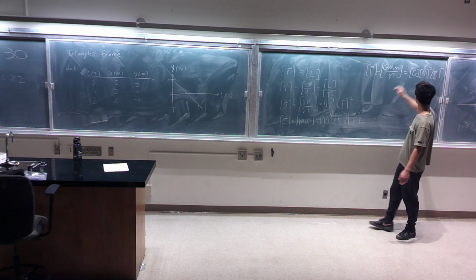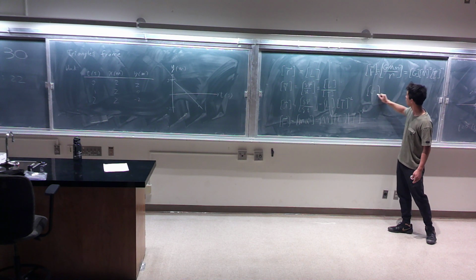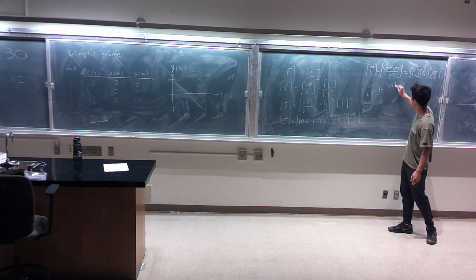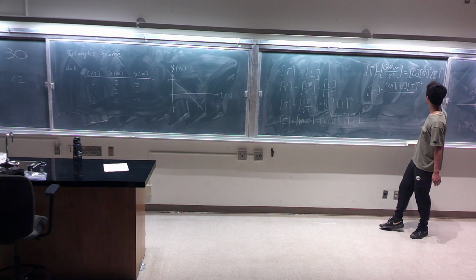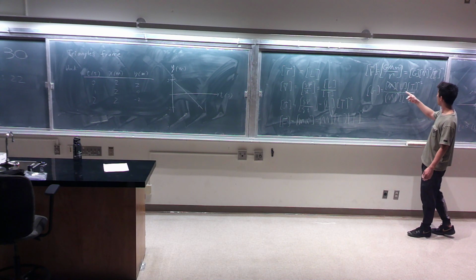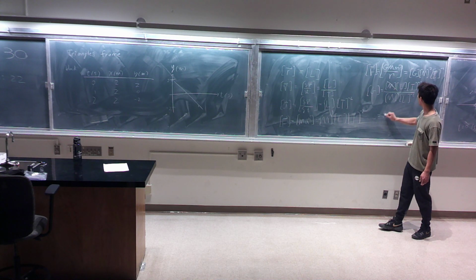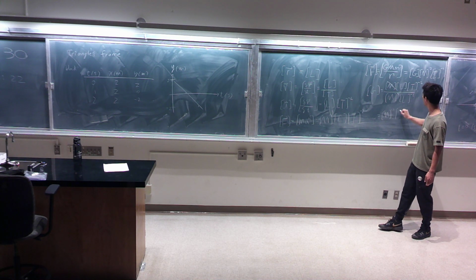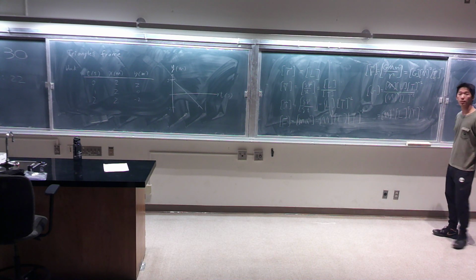Force is this, G m1 m2 is this, so you get G is M L T to the minus 2 divided by M squared and L to the minus 2, and so on. So you get this gravitational constant should have dimension of mass to the minus 1, L to the 3, and T to the minus 2. Okay?